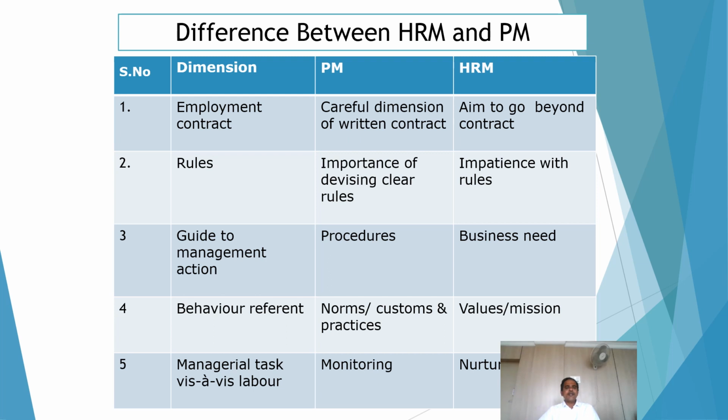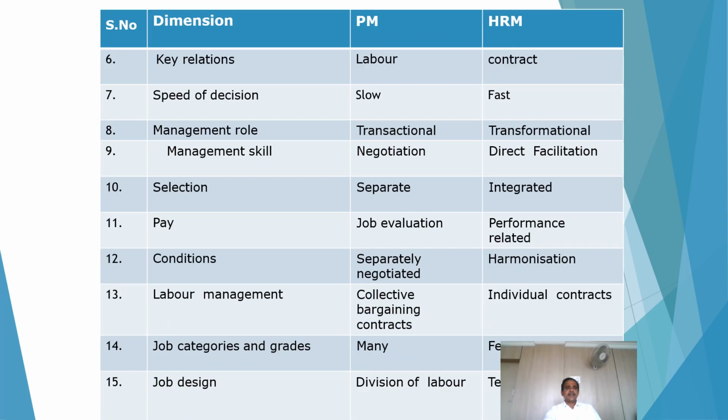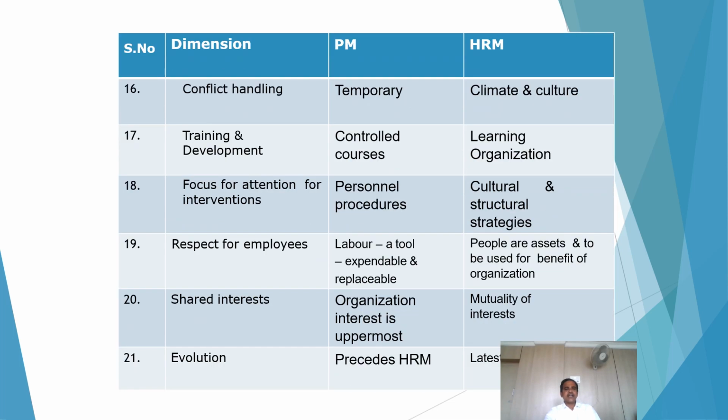There are 21 dimensions, which are employment contract, rules, guide to management action, behavior referent, managerial task, then key relations, speed of decision, management role, management skill, selection, pay, conditions, labor management, job categories and grades, job design, then conflict handling, training and development, focus for attention for interventions, respect for employees, shared interest, finally evolution.